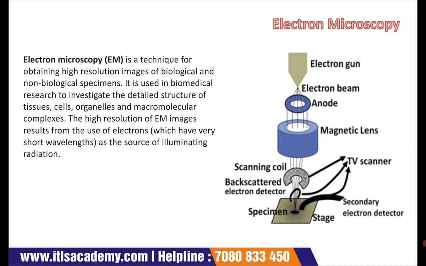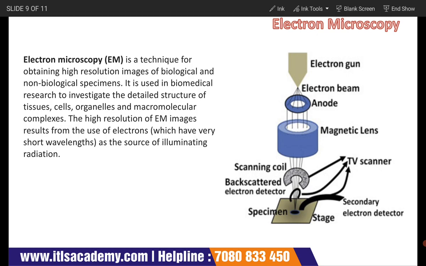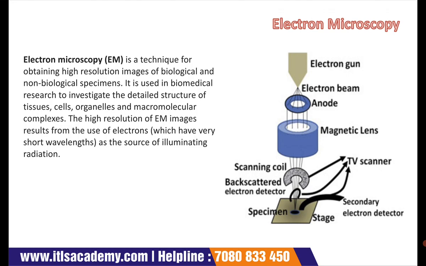Now coming to electron microscopy. Electron microscopy, known as EM, is a technique for obtaining a high resolution image of biological and non-biological specimens. As compared to the light microscope, it gives a high resolution image of both biological and non-biological specimens.